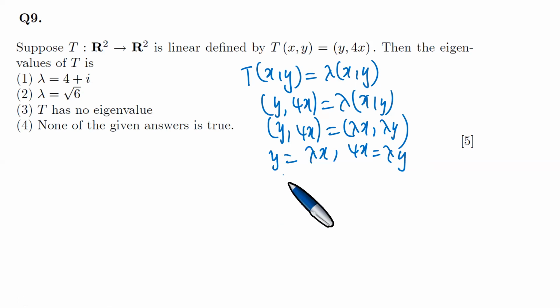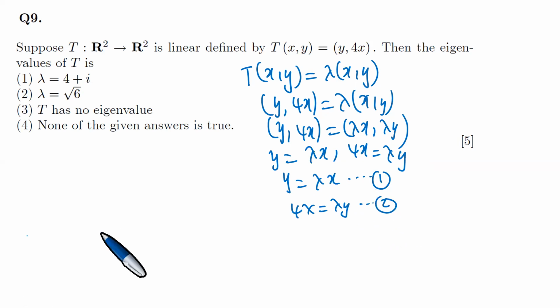So we use this one because y is already the subject. You put equation 1 into 2.